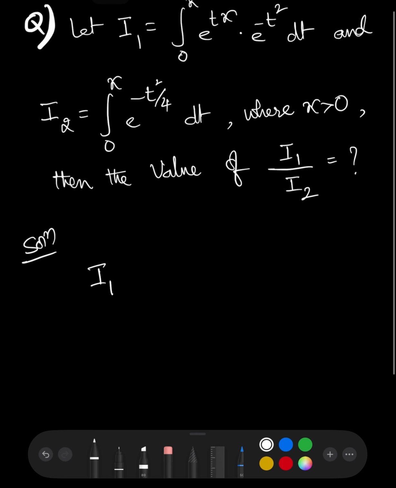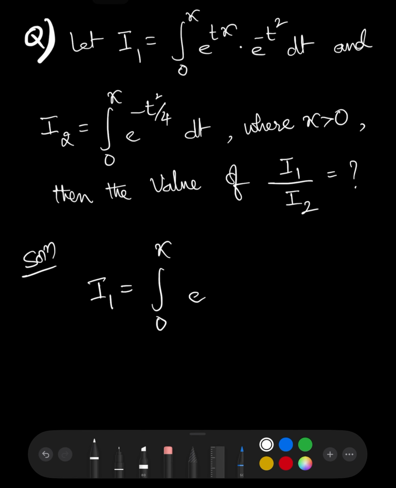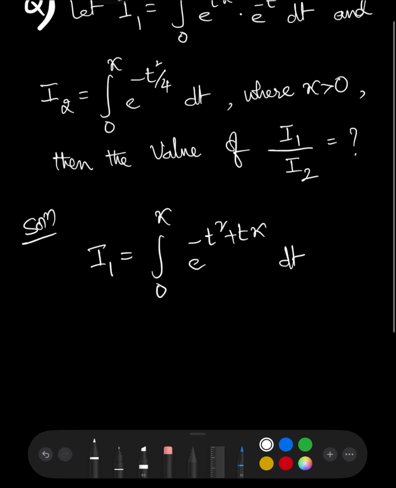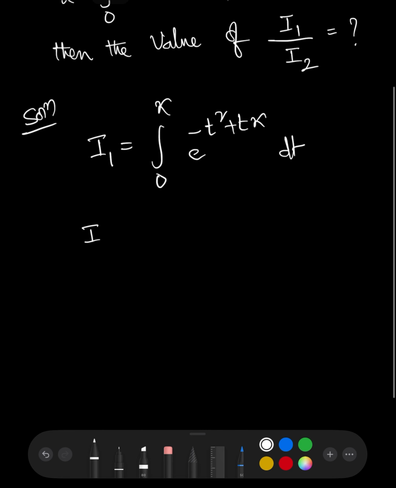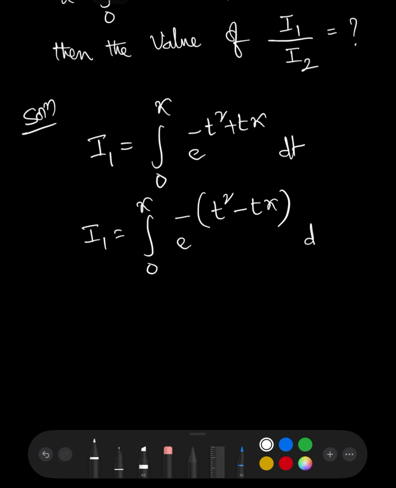Now coming to the solution. I1 equals the integral from 0 to x of e^(tx) times e^(-t²), so I can write this as e^(-t²+tx) dt. Taking minus common, I1 equals the integral from 0 to x of e^(-(t²-tx)) dt.